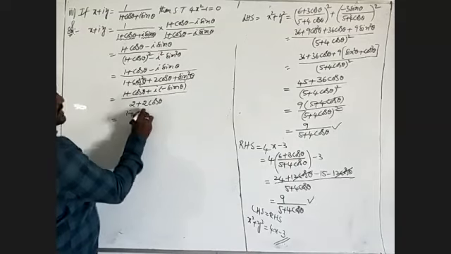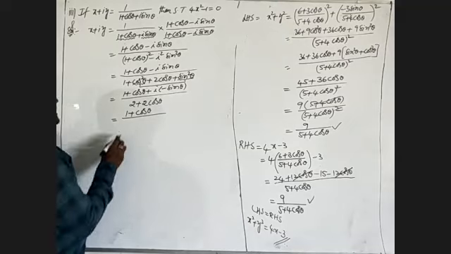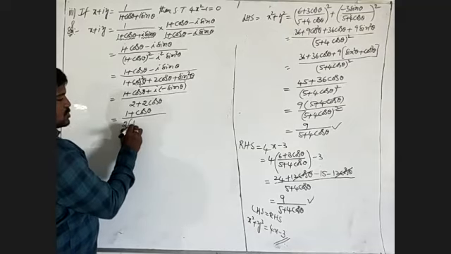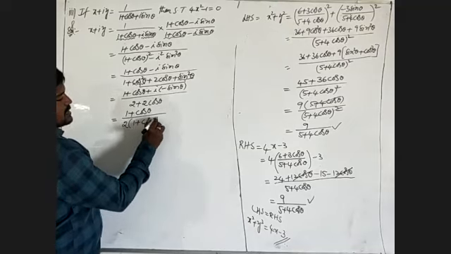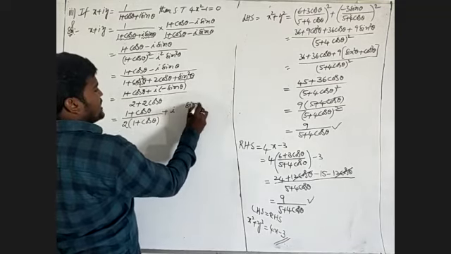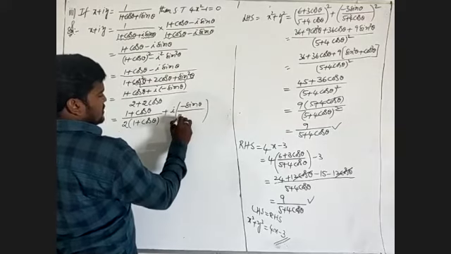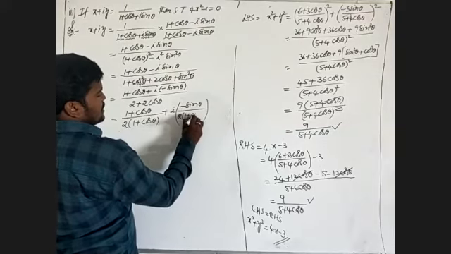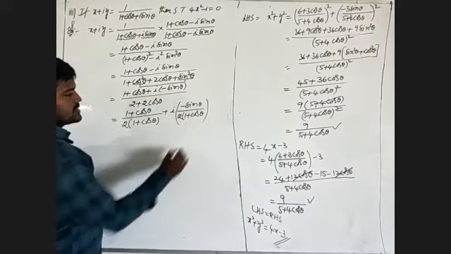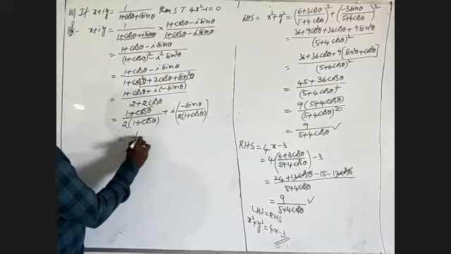Here we separate the real and imaginary parts. The real part is 1 plus cos theta by 2 into 1 plus cos theta, and the imaginary part is i into minus sin theta by 2 into 1 plus cos theta, where 1 plus cos theta and 1 plus cos theta will be cancelled.